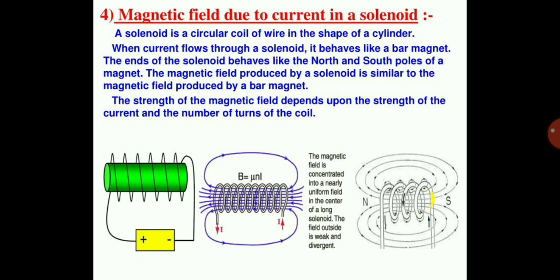Inside the solenoid the lines are very near to each other, that is, a very uniform field is created in the center. But as the magnetic lines come outside the solenoid, they are very weak and divergent. Divergent means they are far from each other.